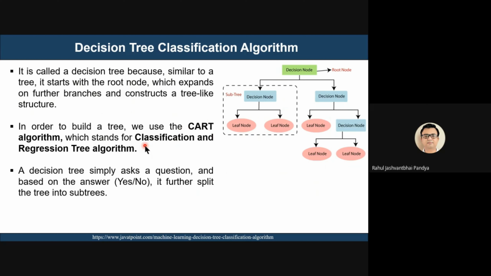All these problems, their libraries are available in the coding platform. You can use those. A decision tree simply asks a question based on a yes or no answer, and then further splits them. Let's say you want to go to a particular restaurant, you go to this particular branch and eat a few items, or you don't want to go, let's say veg or non-veg restaurants, right?